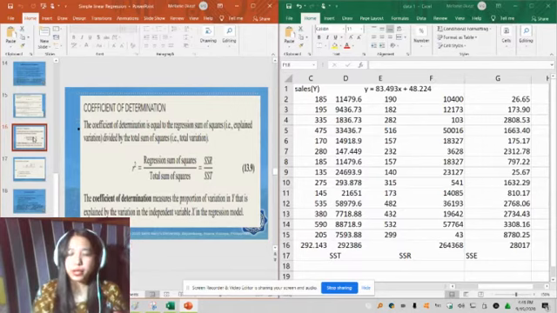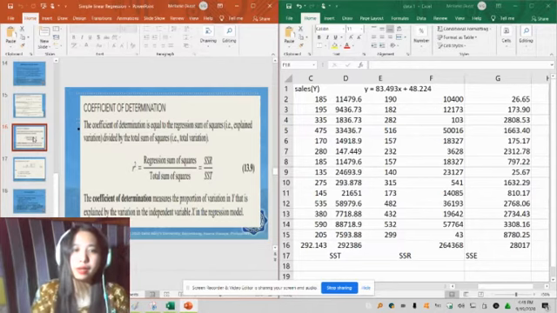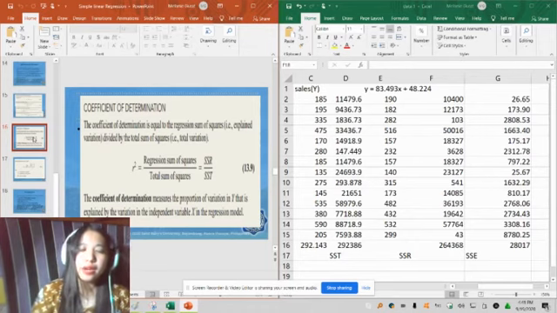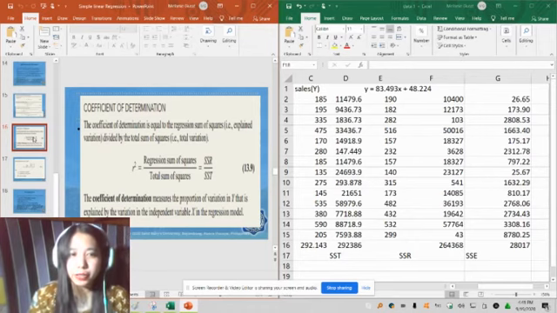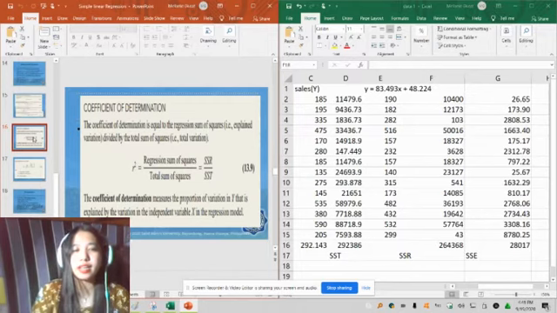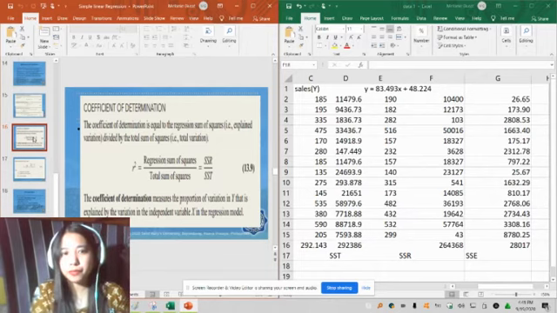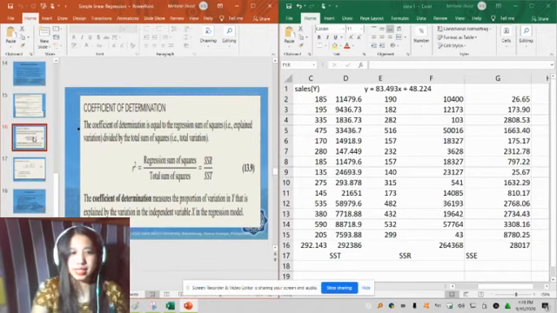So last time, what we computed is the value of the R, and then since we can also compute for the coefficient of determination by just getting the square of the R, then we use that formula. But aside from that formula, you can also use the value by using our SSR and SST.